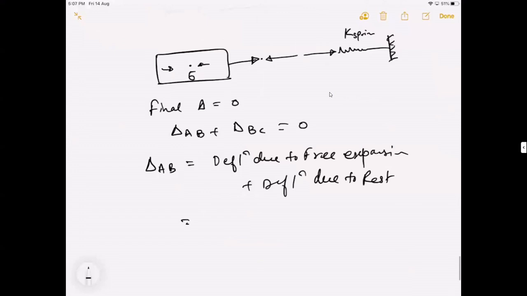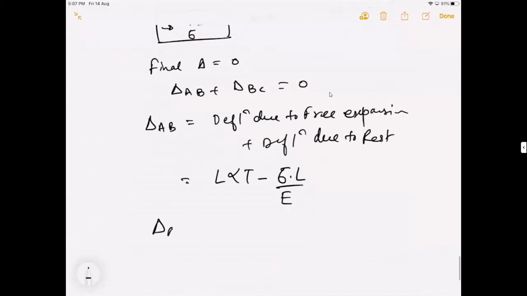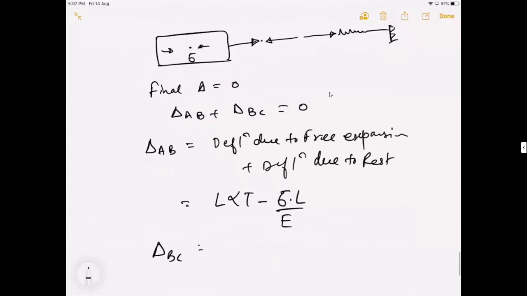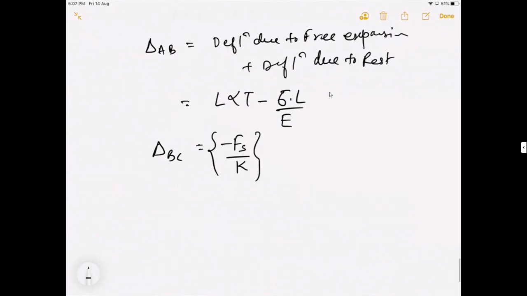So my deflection due to free expansion will be equal to L alpha T, and as we are assuming it to be a compressive force, minus sigma into L upon E. Now delta BC is the deflection in the spring, which is equal to minus Fs by K.